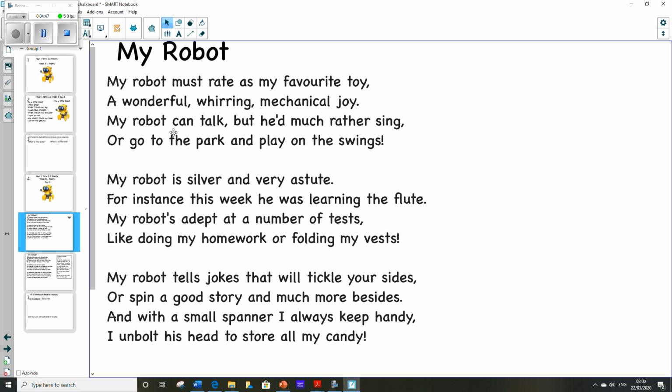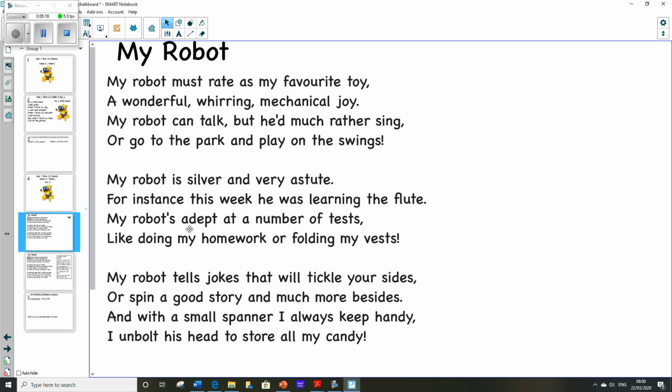My robot can talk, but he'd much rather sing, or go to the park and play on the swings. My robot is silver and very astute. For instance, this week he was learning the flute.